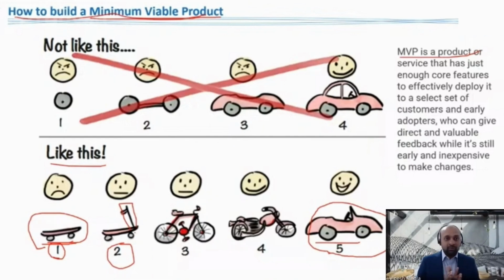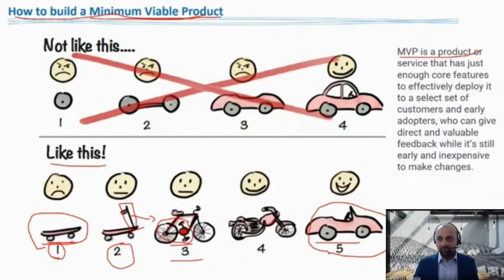Now you are able to control with your hands where you want to go, and it also helps you to stand on the board more stably. The next step is to convert this board into a cycle by adding this chain mechanism and other parts. Now once you move from here to here, it means you are adding more stability, more life to the product. The customer is now able to move faster towards his or her destination.